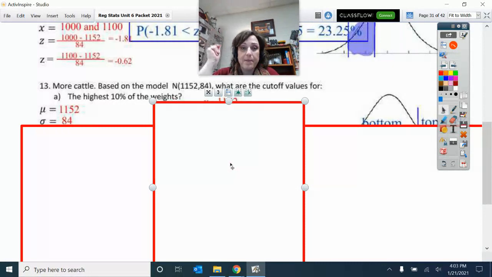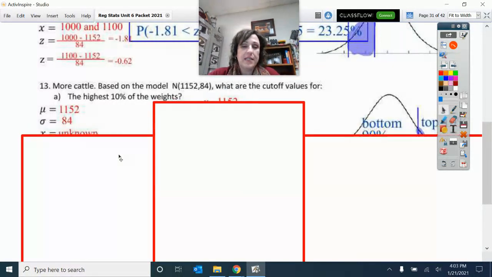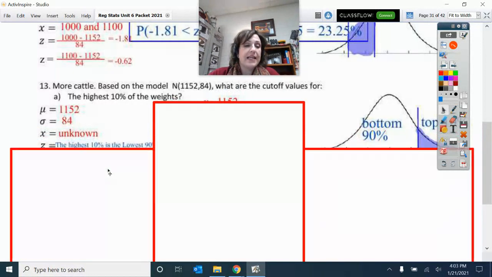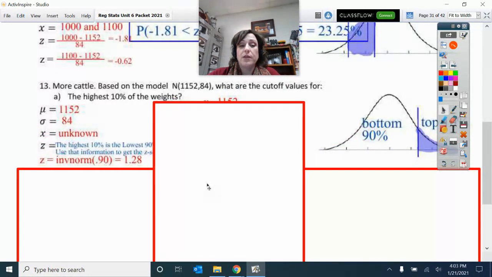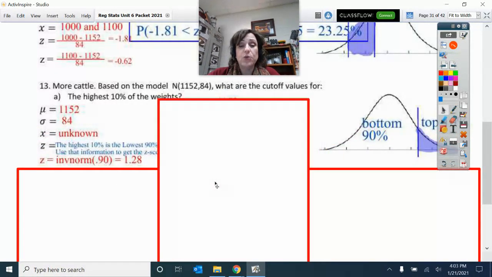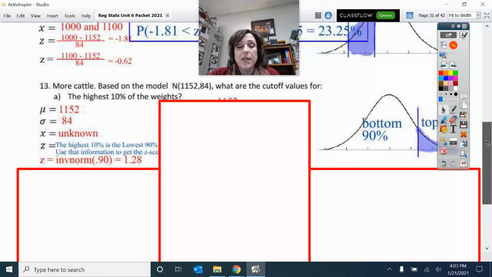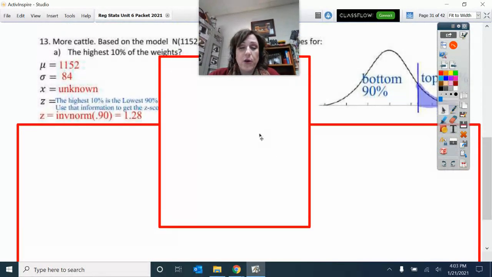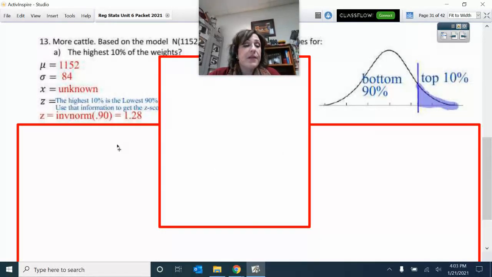It's not the z, but I can use the percent to get the z. Use area below as the percent. If I have the top 10%, then that's the bottom 90%.